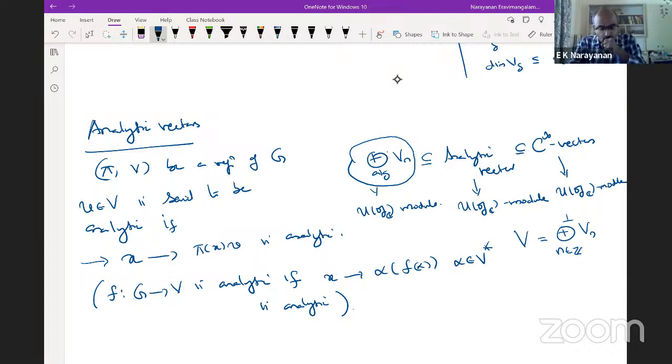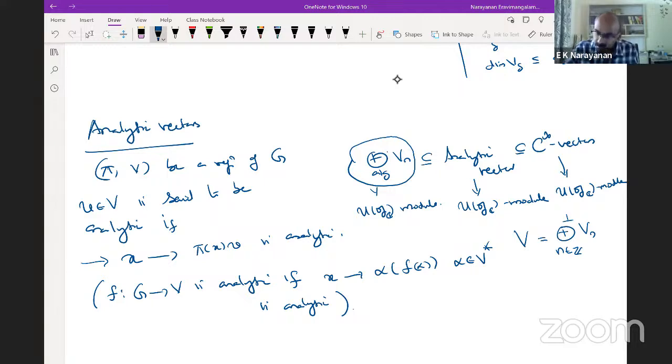And on this space of analytic vectors there is a UGC action, which means if I differentiate an analytic K finite vector, I'm going to get a K finite vector. So that gives me a module action of UGC on the algebraic direct sum of Vn. It is purely algebraic, but that is enough to characterize our representation.